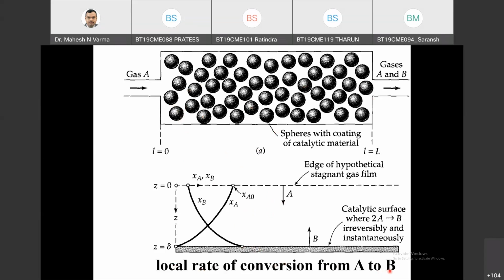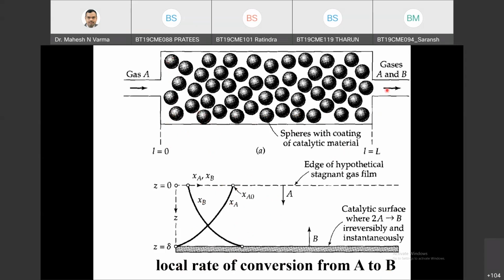So if I have a local rate of conversion of A to B, and I know how the concentration is changing, I can assume a thin thickness in this L direction, assume quasi steady state, and then integrate over L. So I will get an overall rate of conversion of A to B. But we are doing only the local rate here, not the overall rate.